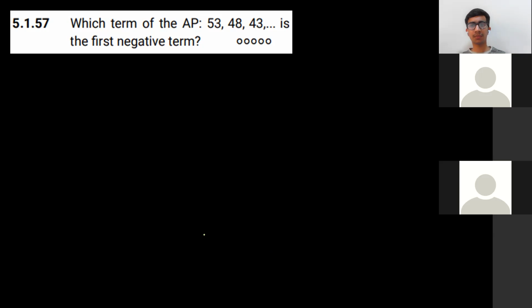I did it mentally, not which term to find it out. So I'll have to solve it now properly to find it. Yeah, please solve that. Rather than calculating which term, you have to tell me what is the number, in the sense, when is the first negative term coming.